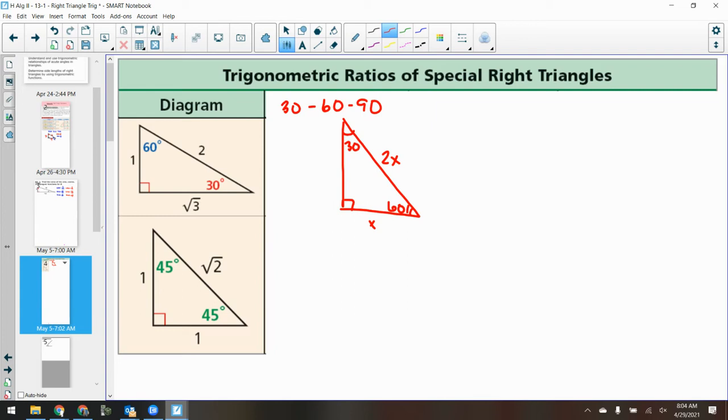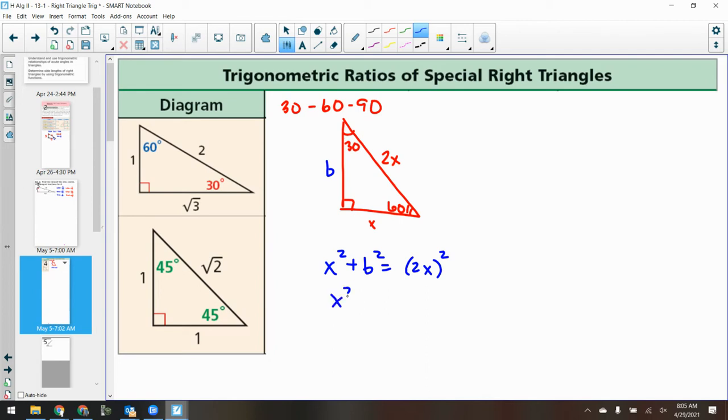Now the other leg has a special relationship. I'm going to erase this away in a second, but I want to show you why this works. Think about the Pythagorean Theorem. If I wanted to find this, let's call it b. I would say x squared plus b squared is equal to 2x squared, right? That's just the Pythagorean theorem: side squared plus side squared equals hypotenuse squared.